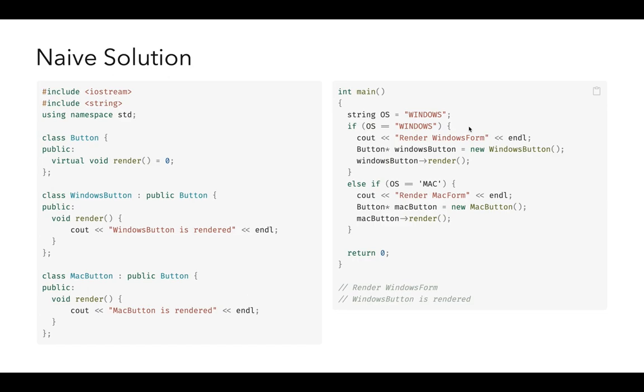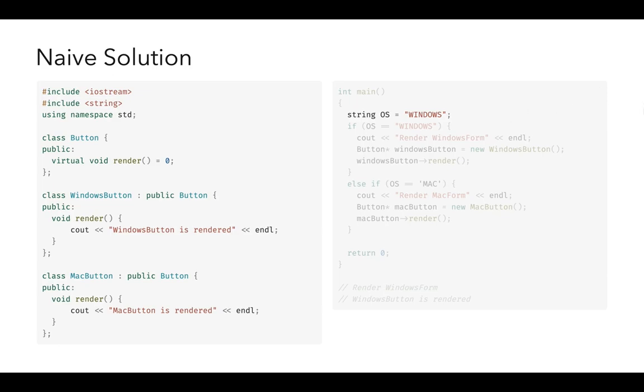Here is the implementation of the naive solution. Of course, we will have the button parent class and two subclasses, Windows button and Mac button. The parent class has the render method, and then the child classes will override the render method.